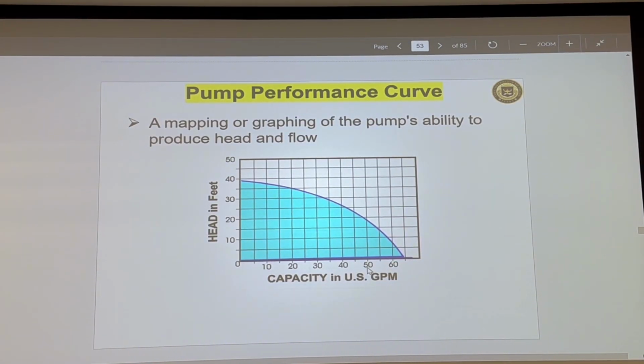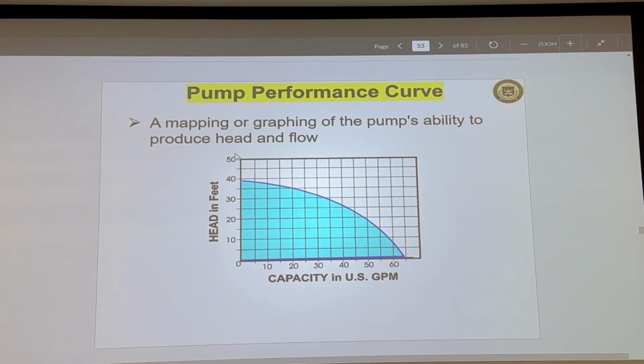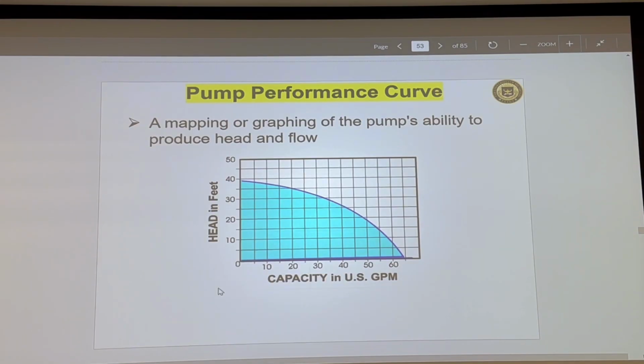And then he's giving you the head, that means the pressure the pump develops. Looking at this, immediately what comes to your mind is at zero flow, the pump is running, but there is zero flow, nothing is generated. That's where you have the highest pressure you can develop.